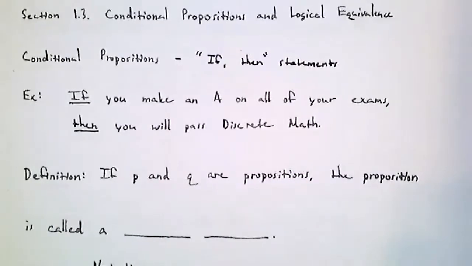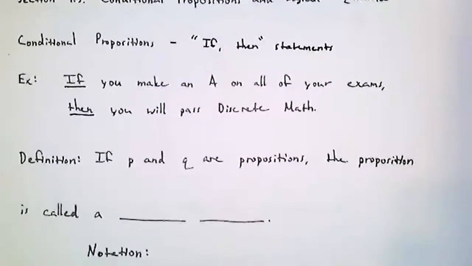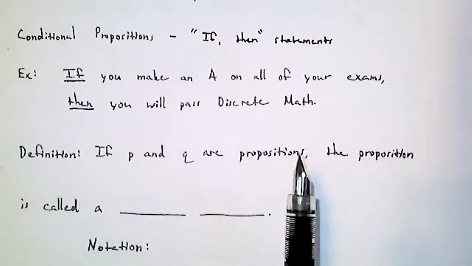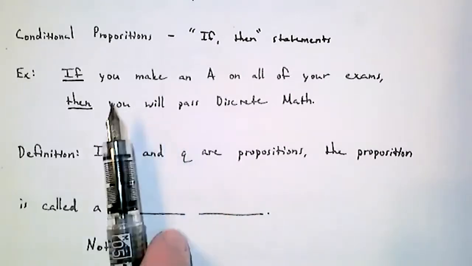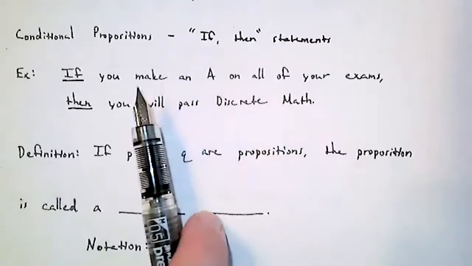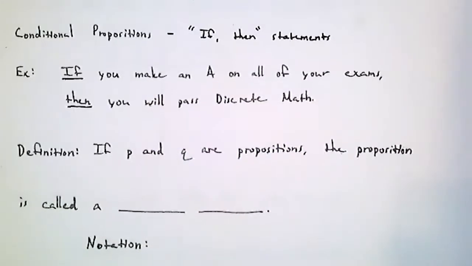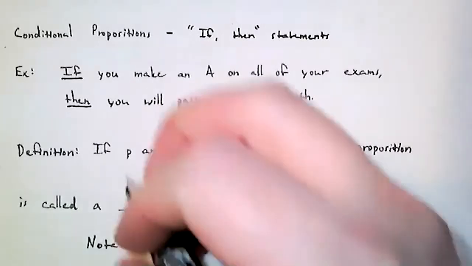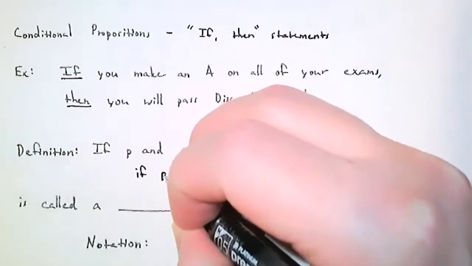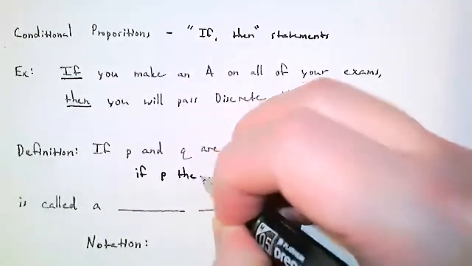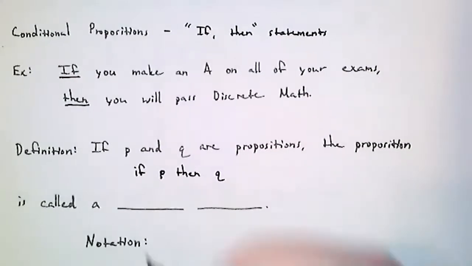Okay, so moving on to the definition, I'll just write it out clearly. If you have two propositions, P and Q, so P and Q are letters standing in for something like my propositions here, which were in English, then the proposition if P then Q is called a conditional proposition, like I said.